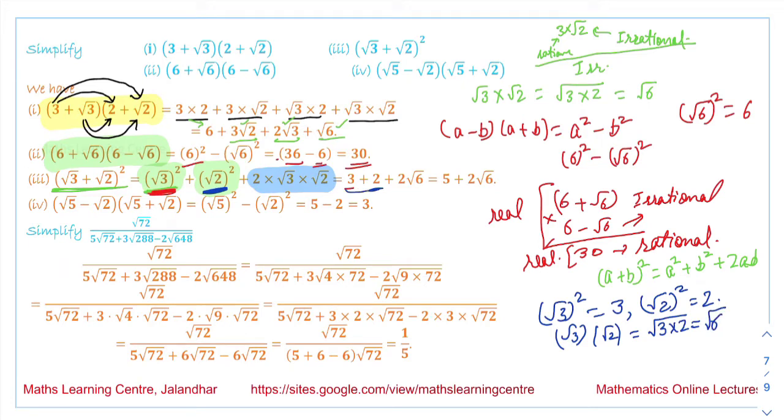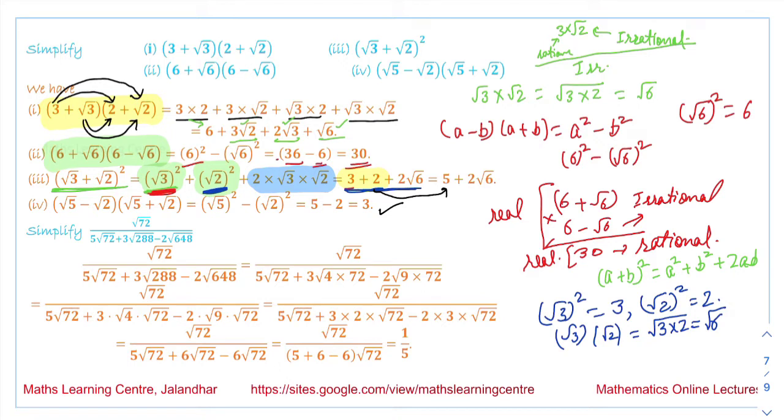Now we can add 2 and 3, so the final answer we are getting is 5 plus 2 root 6.